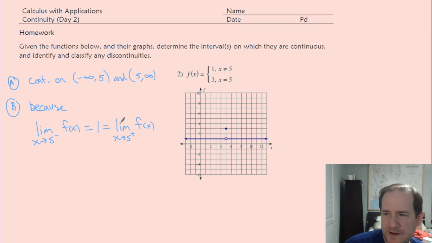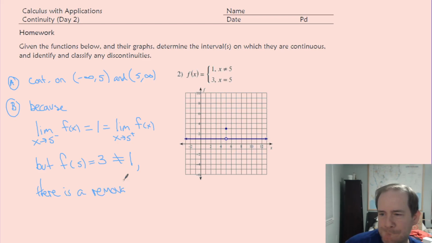So because the limit equals 1, but f of 5 equals 3, which does not equal 1, there is a removable discontinuity at x equals 5.